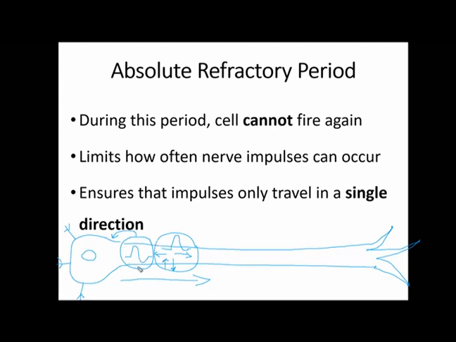But if this section just had an action potential, and it's in its absolute refractory period, then it doesn't matter if those sodium ions are traveling into this area. This part of the cell can't fire again. It's stuck in that absolute refractory period where it physically cannot fire again. So these ions traveling backwards don't do anything, and that's a good thing.